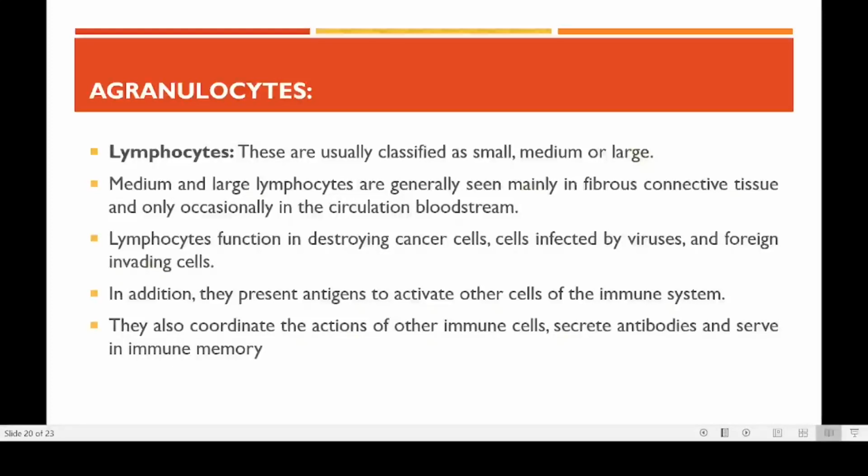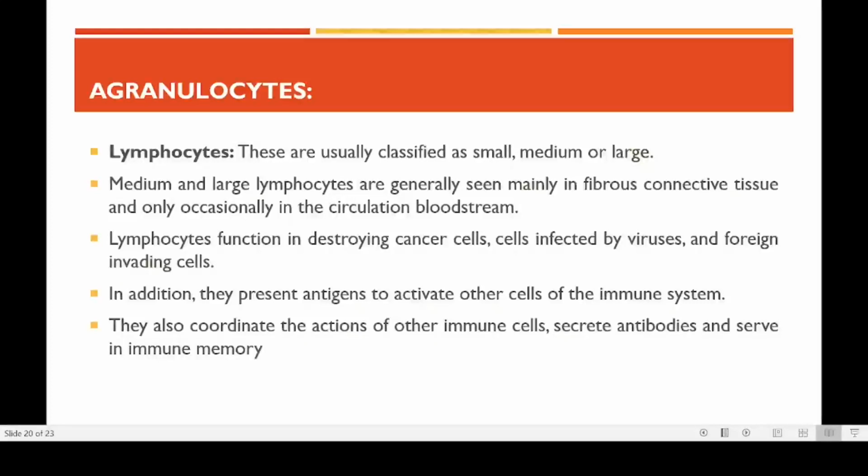Now going to the function of the lymphocyte, you can see here that they are important in destroying cancer cells. Basically cancer is uncontrolled multiplication of cells. Normally every cell will stop multiplying after a certain number of times, and most of the cells will die.